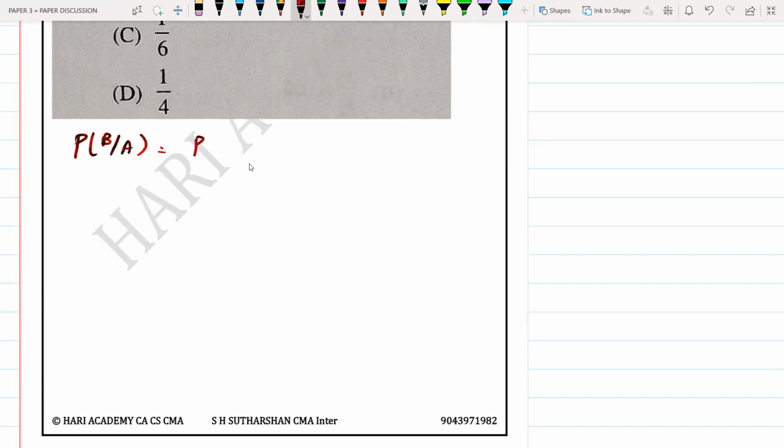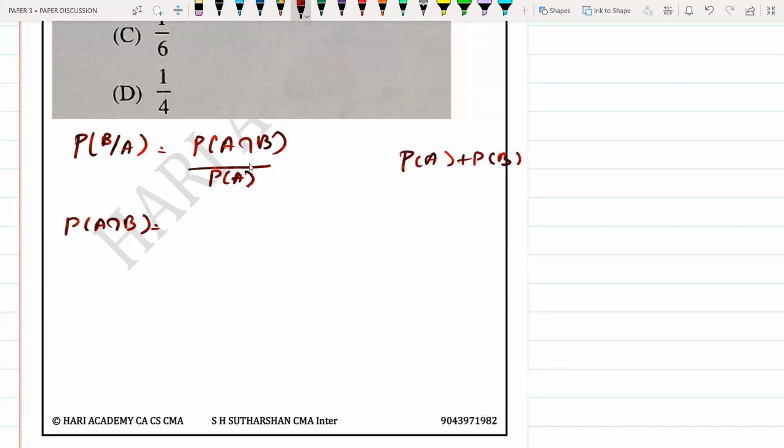It is nothing but P of A intersection B divided by P of A. So P of A intersection B we need to find out. We know the formula: P of A plus P of B minus P of A union B. The same formula we will apply back. 2 by 5 plus 1 by 3 minus 1 by 2.